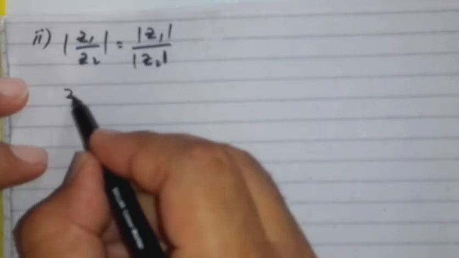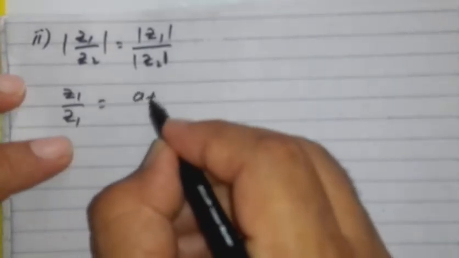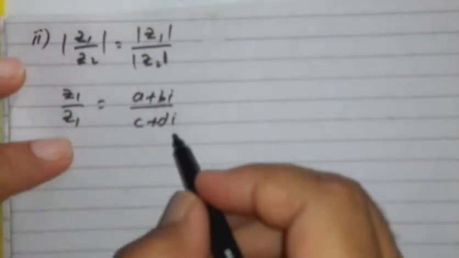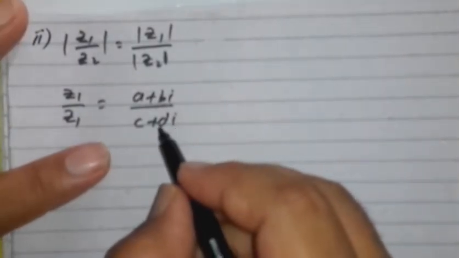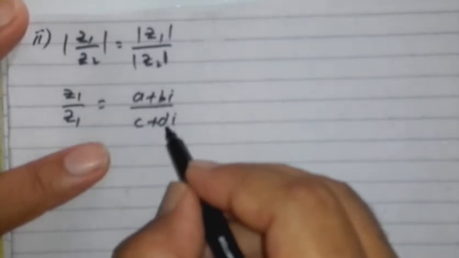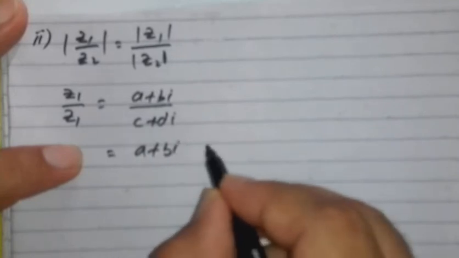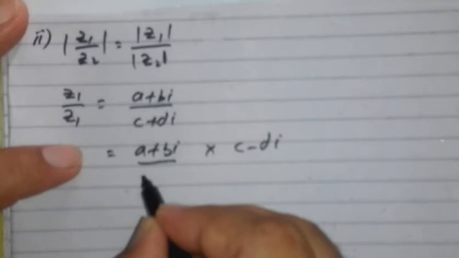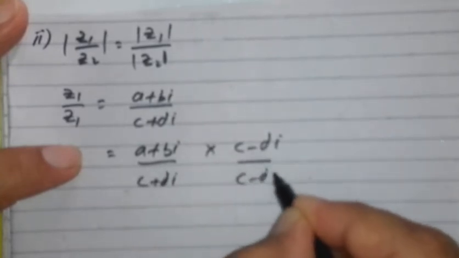So first of all we will find z1 divided by z2: a plus b iota divided by c plus d iota. So multiply and divide by the conjugate of c plus d iota: a plus b iota into c minus d iota, over c plus d iota, c minus d iota.